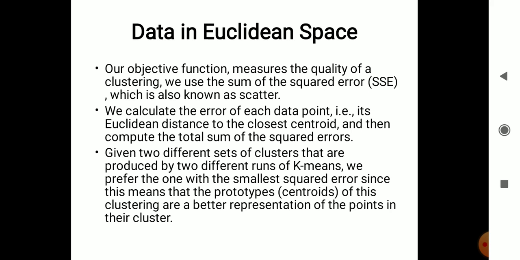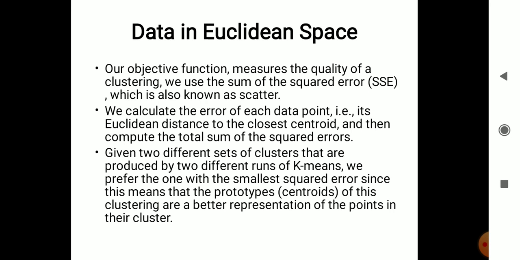the SSE value, that is sum of squared errors, which is also known as scatter. In other words, we can calculate the error of each data point, that is its Euclidean distance to the closest centroid, and then compute the total sum of the squared errors.